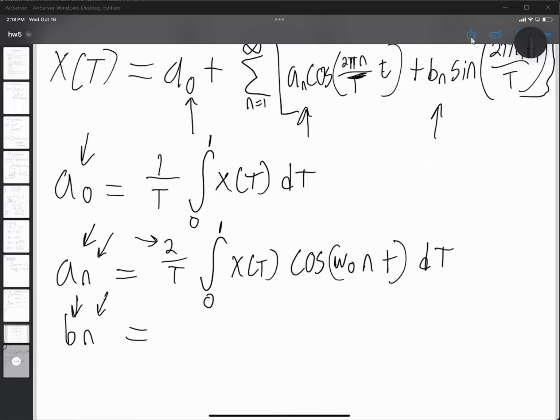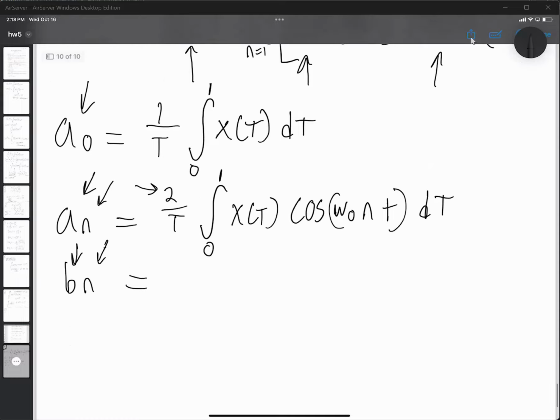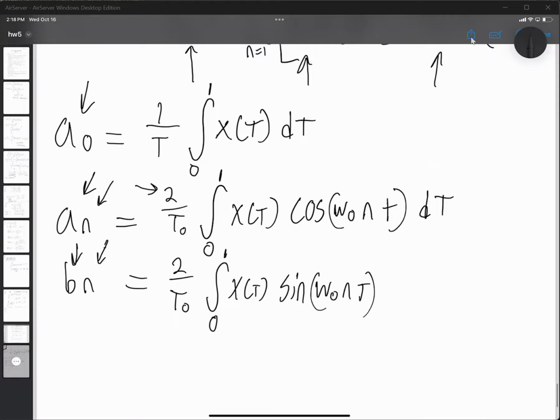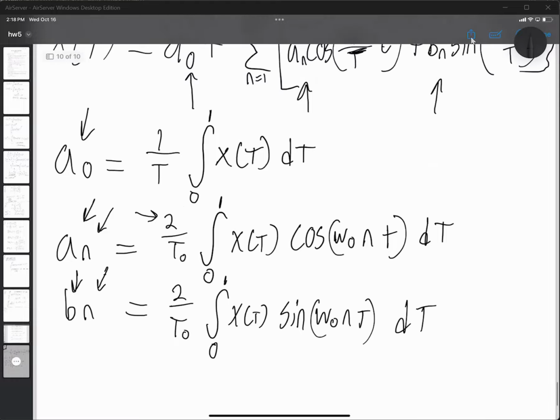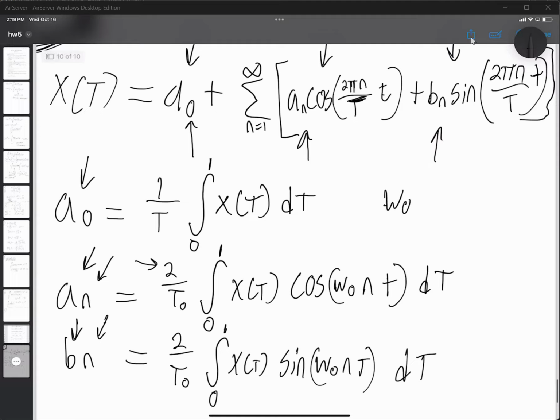So it'll always be 2 over T, the period. And then we have 2 over T integral 0 to 1 of x of t sine of omega naught n t. Something else that's important: omega naught is equal to 2 pi over the period.